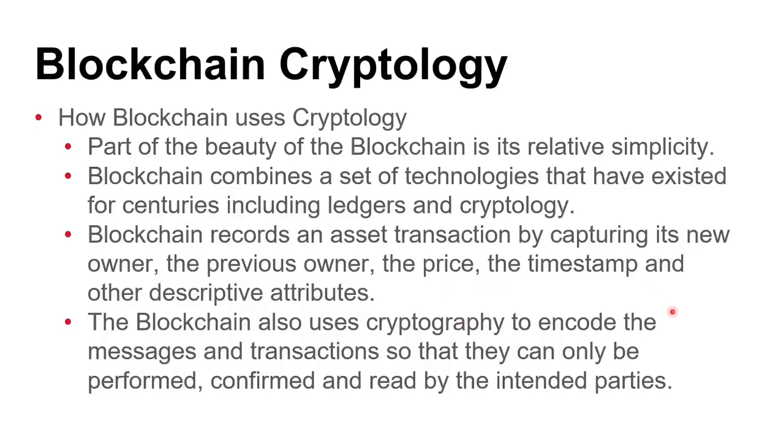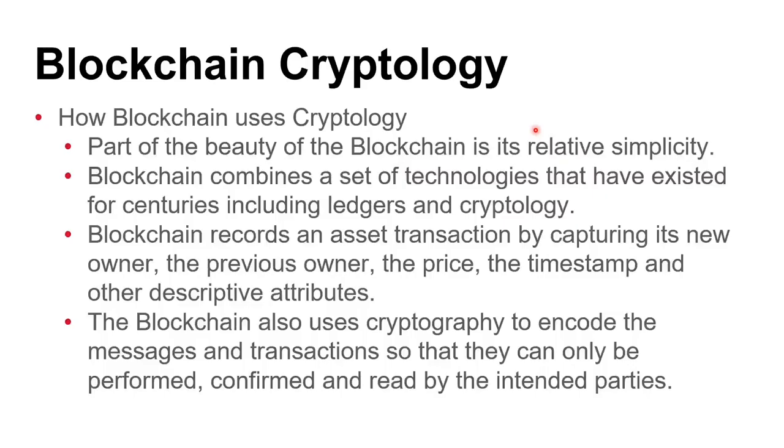Blockchain combines a set of technologies that have already existed, right? Ledgers and cryptology. So cryptology has been around for a long, long time too. Blockchain records an asset transaction by capturing owner, previous owner, the price, and timestamps. We looked at it.